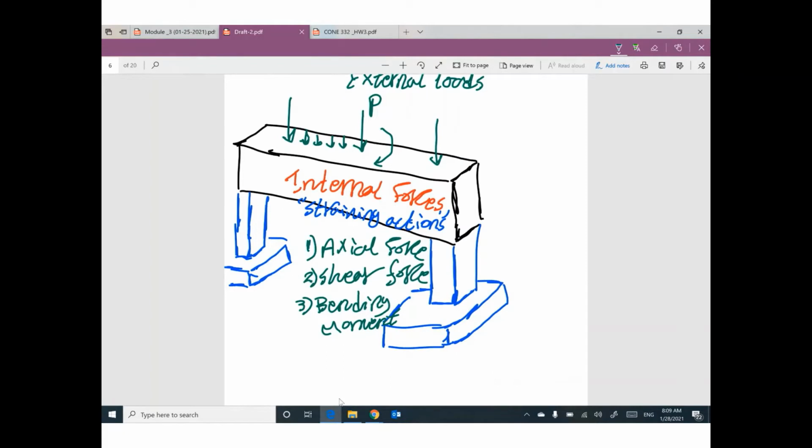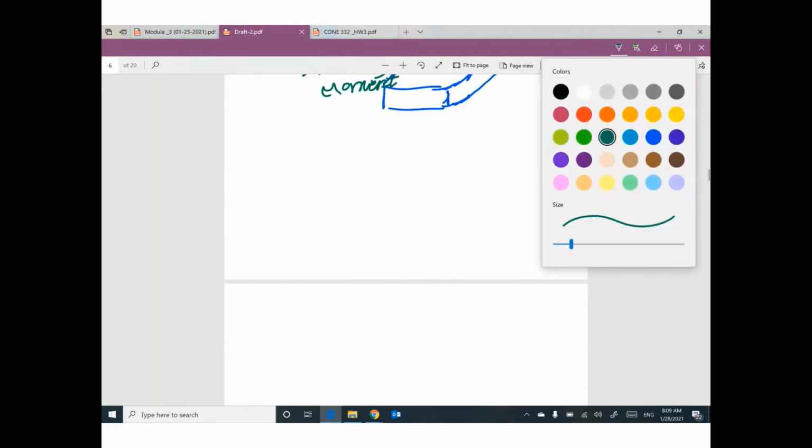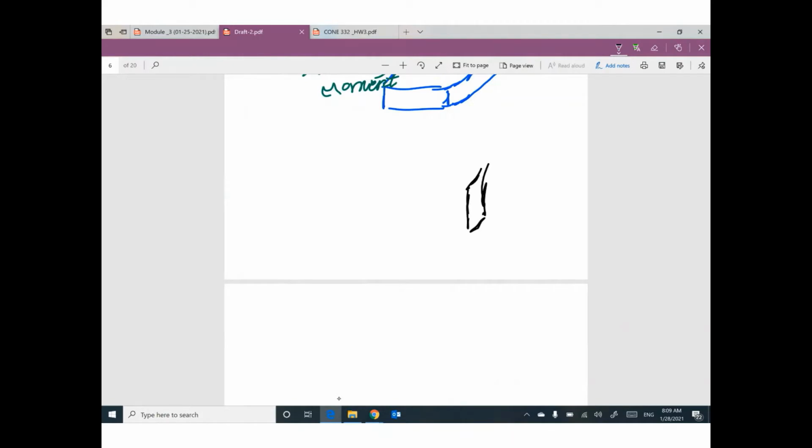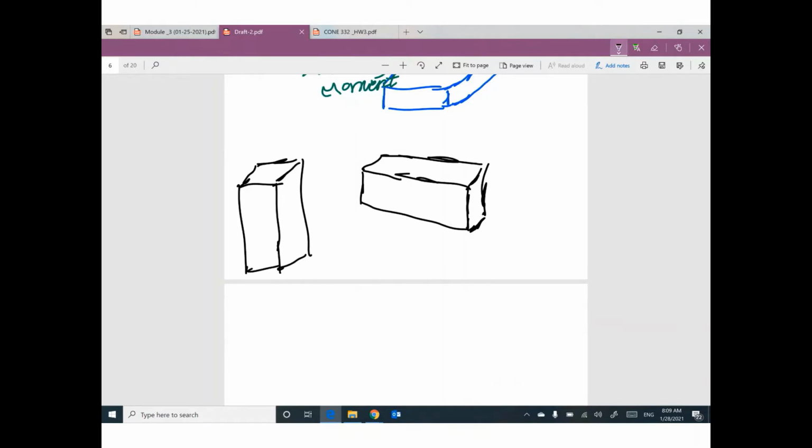Let me explain it in more detail. If you have a member like this beam, or this column, and you have an external load trying to push this member like this or like this, or trying to pull this member like this or like this, I'm talking about axial forces: the applied force parallel to the member.